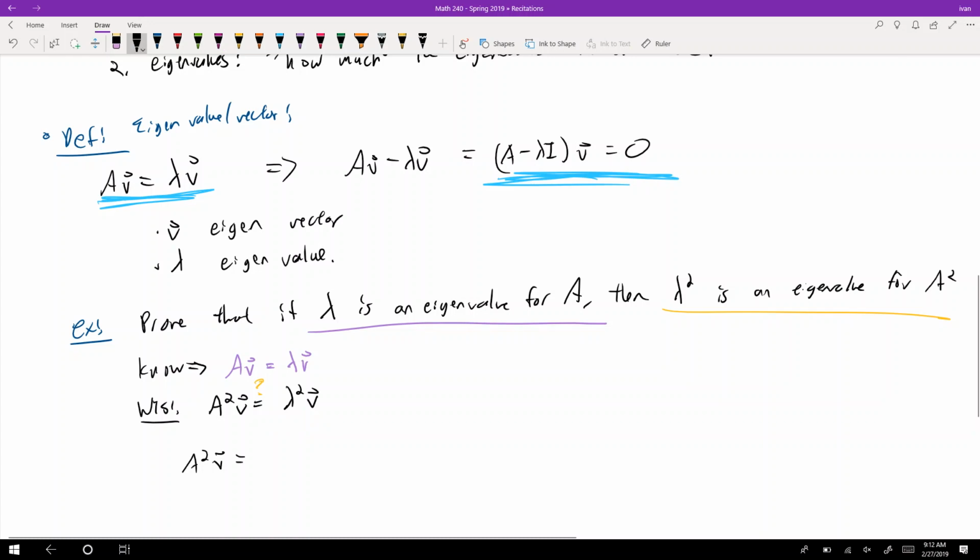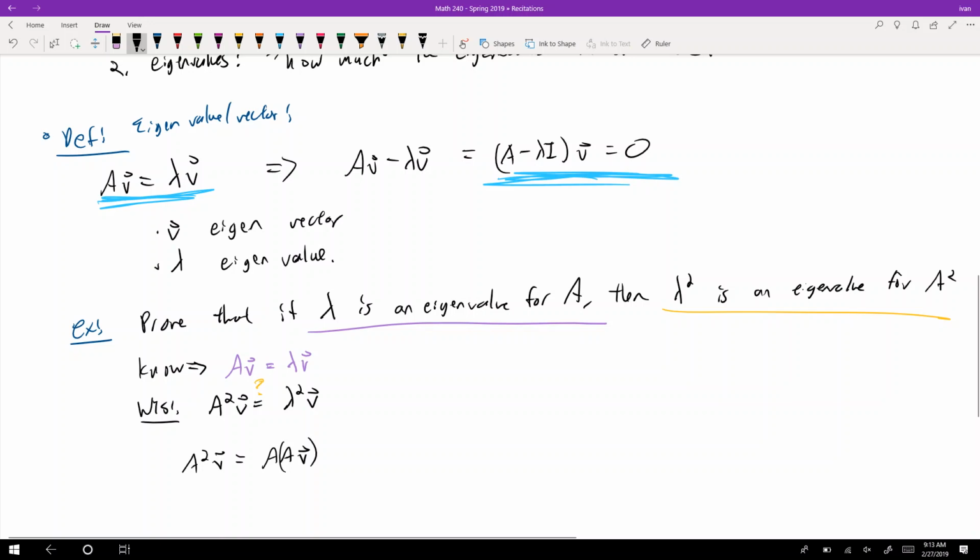So what is A squared v equal to? And remember, we want to leverage Av equals lambda v somehow. So what is A squared? A times A, right? So if I write it out that way, A squared v is equal to A times Av. Okay? So now we have an Av right there.